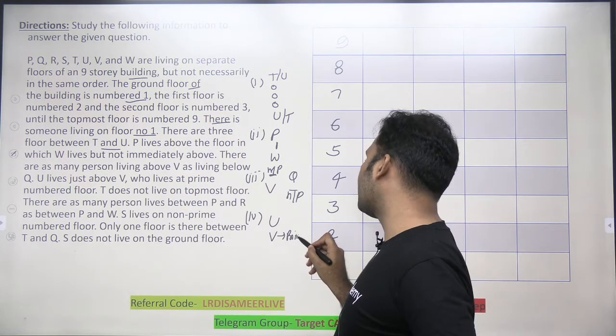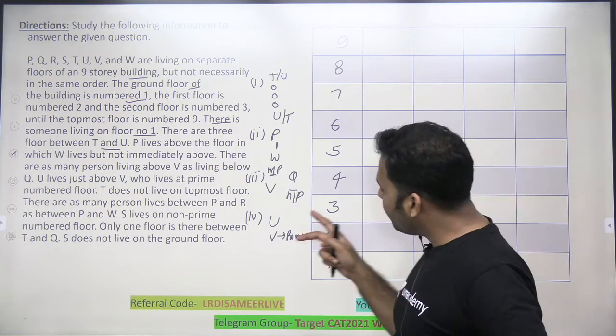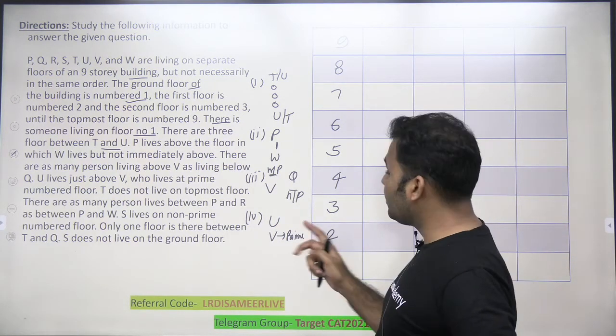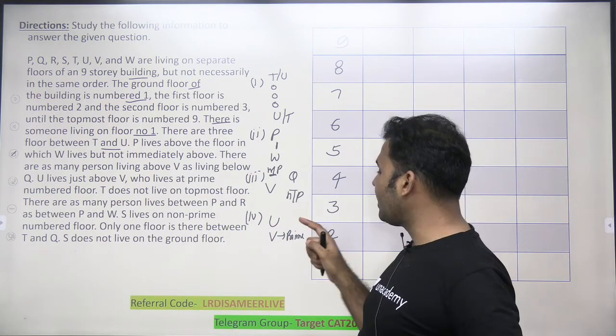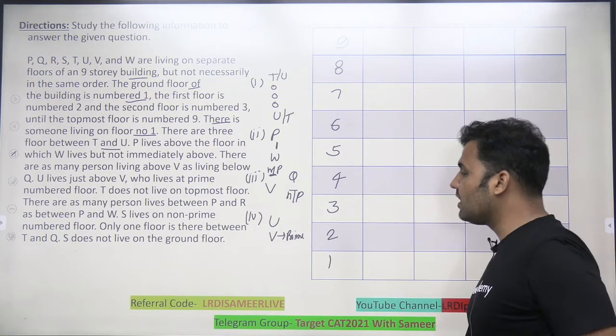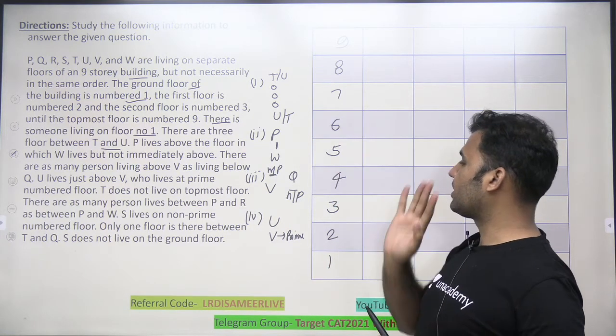So see that, guys, out of all the information that we have studied till now, this is the only hint where you can start solving the set, where you can start filling in the information, because we know that from 1 to 9 the number of primes is 4. So if V is living on a prime number floor, V is either on 2 or 3 or 5 or 7, right?